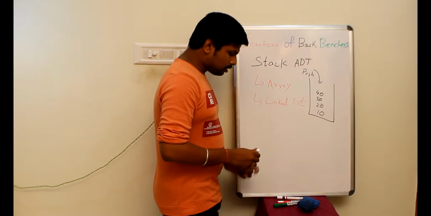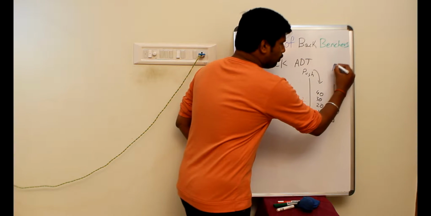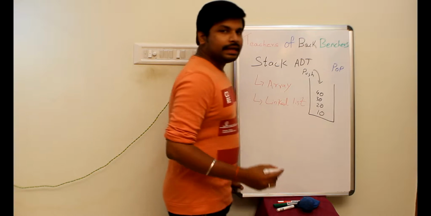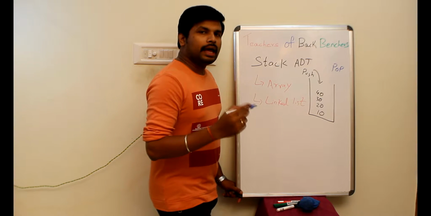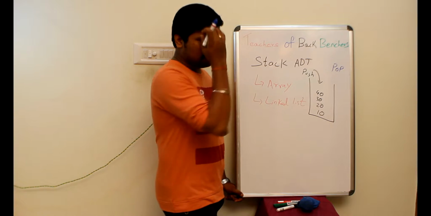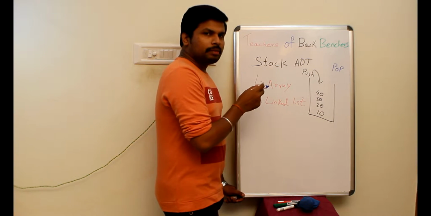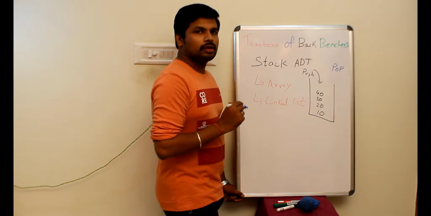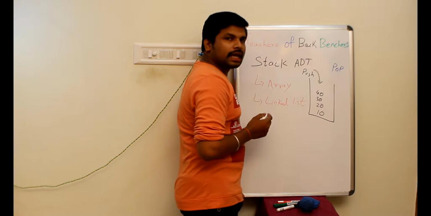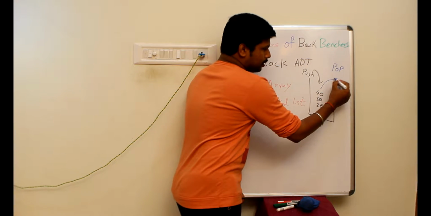Okay. The next process is called the pop operation, where pop indicates deletion of an element from the stack ADT. From the data structure, we are removing an element. The element inserted last is deleted first. For example, 40 is the element inserted last, so last in goes out first.